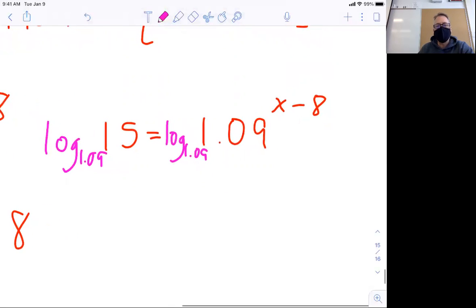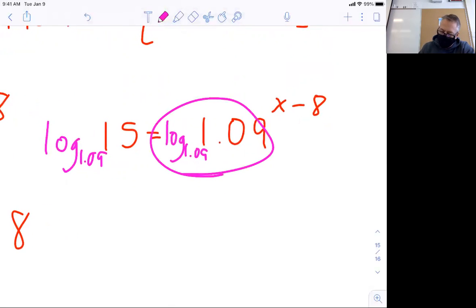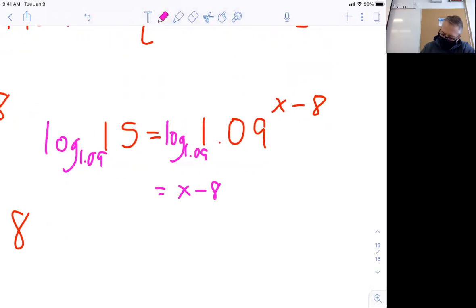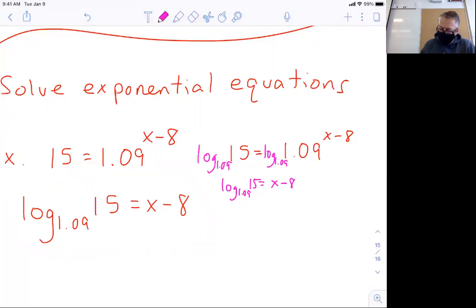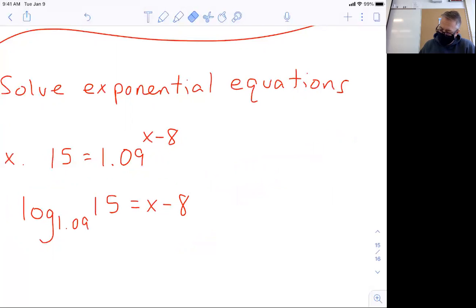And remember, log and exponential functions are inverses. So those two operations cancel out, and the right side is just x minus 8. And the left side is log base 1.09 of 15, which is the same thing we wrote. So in putting it in log form, you're really just performing an operation. It's just a shortcut. I wanted to point that out because we are solving equations, and we're following our same rules of algebra.